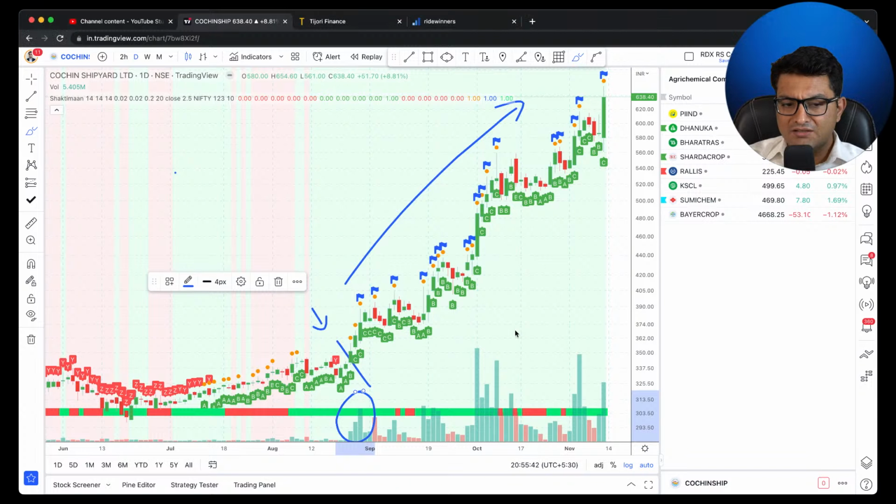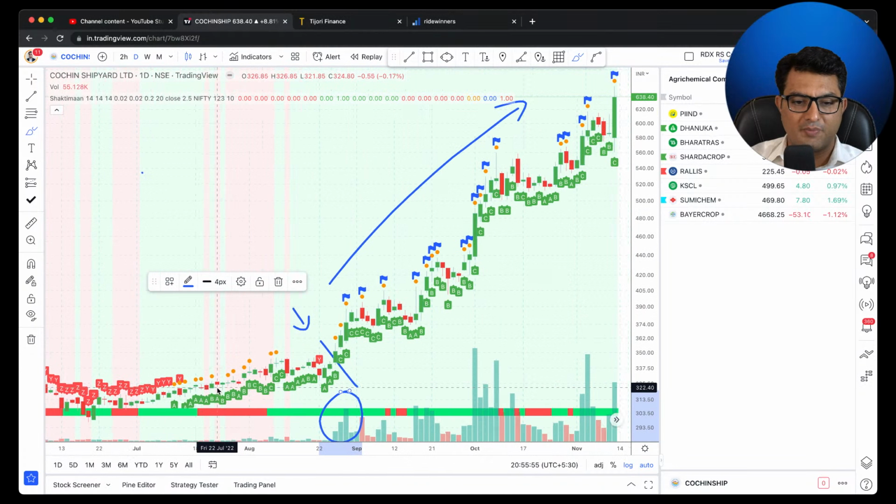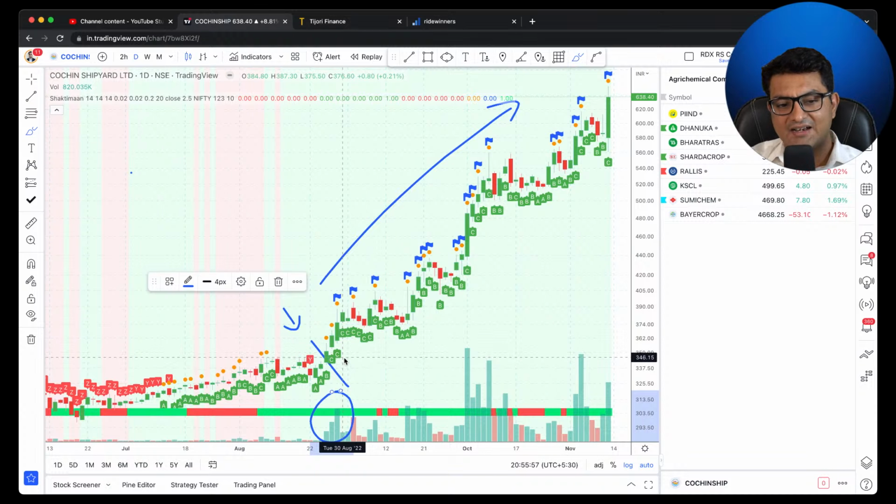So this is where you start, and all these green bars which you see are my system telling me you don't need to exit. Only when it becomes red, and you see in the background there is so much red color, then I need to exit. My allocation started giving me a signal that you need to keep increasing it, and I keep averaging up.